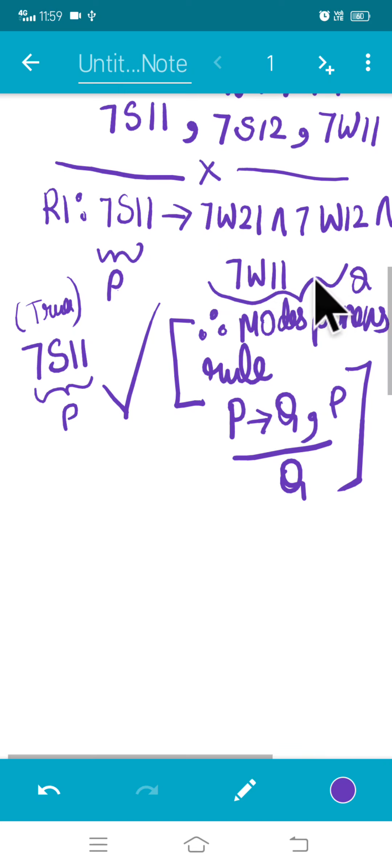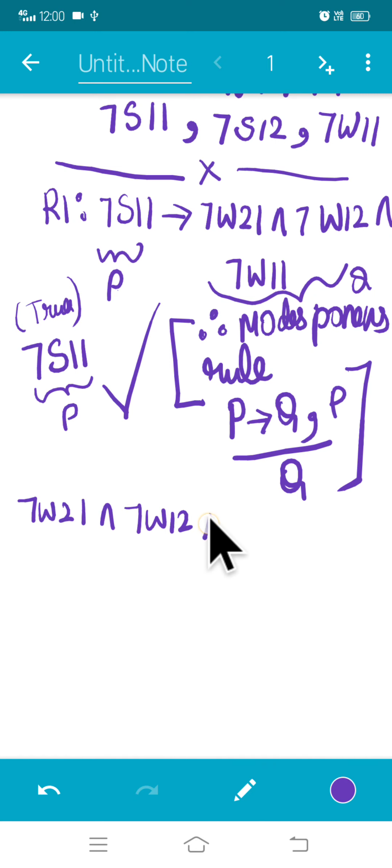Then what is our Q? Negation W21 and negation W12 and negation W11. So this is our Q, and this is also true.